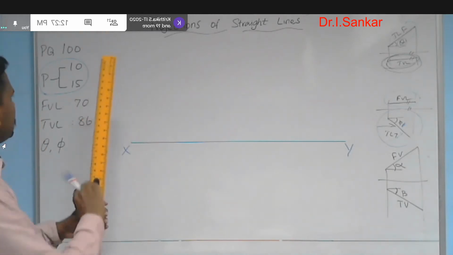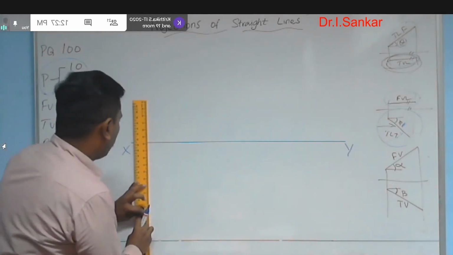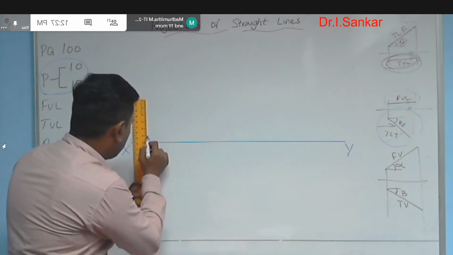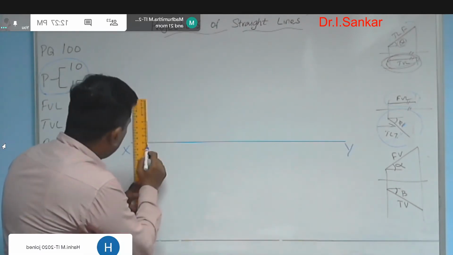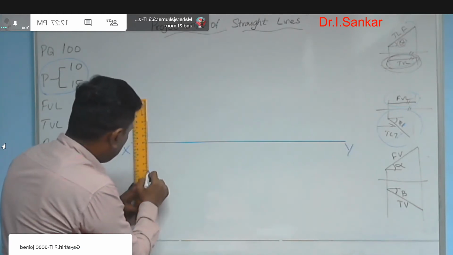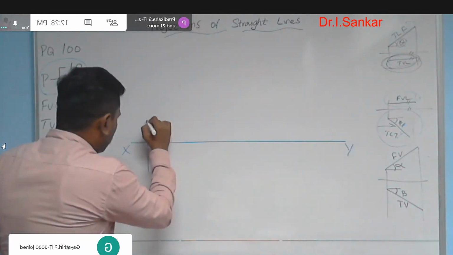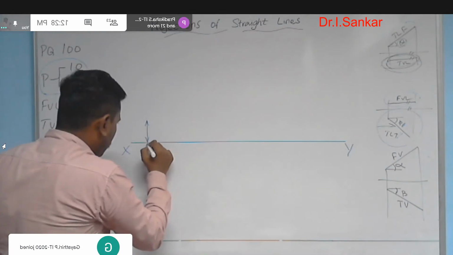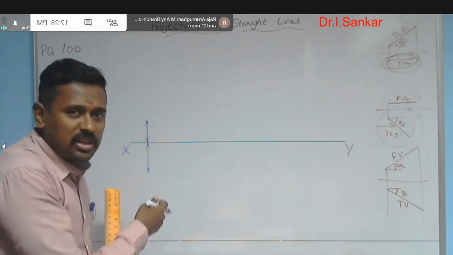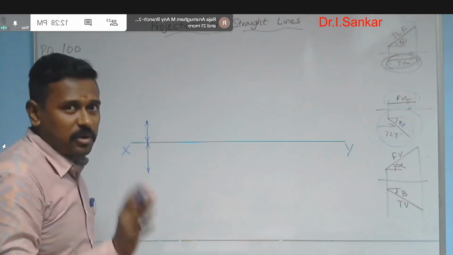So for that, first measure 10 mm above XY and 15 mm below XY. The dimensions I am choosing and using here are just approximate. Okay.